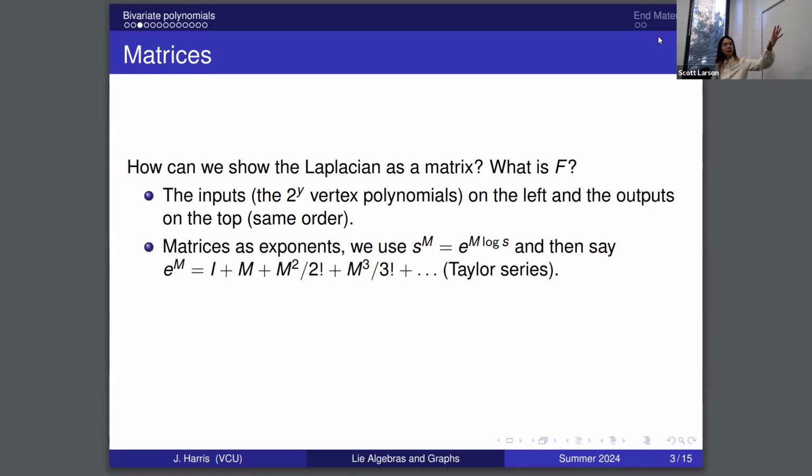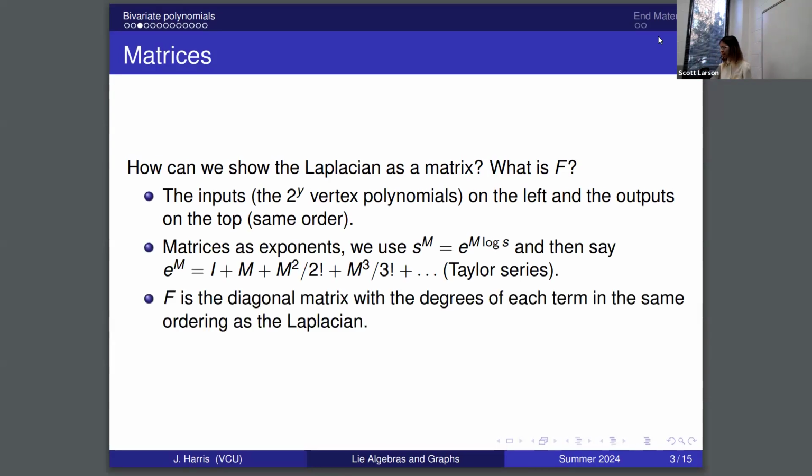That's when we're going to be able to do the matrix exponentiation, which is defined by the Taylor series. And the F matrix, we're just using that to keep track of the degrees of the polynomial. So it's just a diagonal matrix that has the degree of the Y polynomial encoded in it.